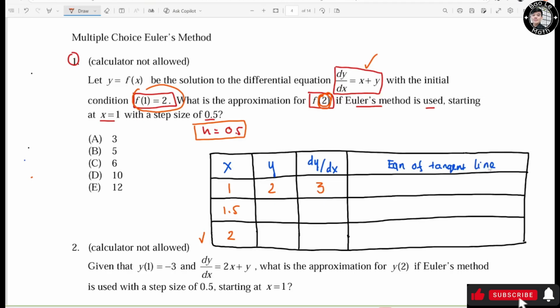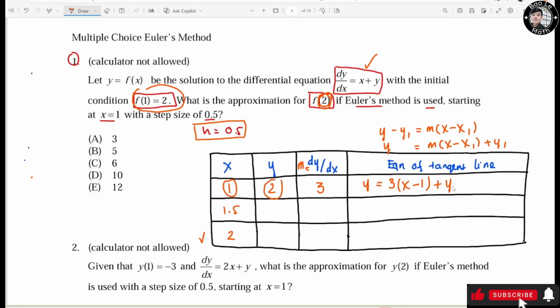Now you need to find the equation of the tangent line. We know that y minus y1 equals m times (x minus x1), or y equals m times (x minus x1) plus y1. So I have y equals, m equals 3 right here, this one is the slope, times (x minus x1) is right here, and plus y1 is going to be right here.